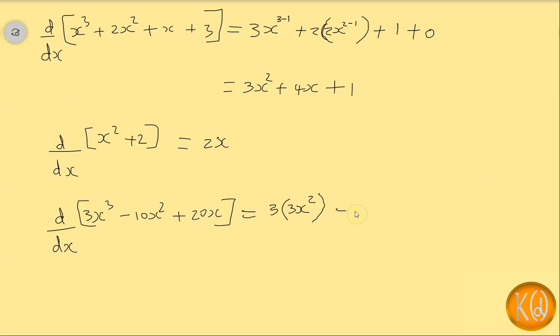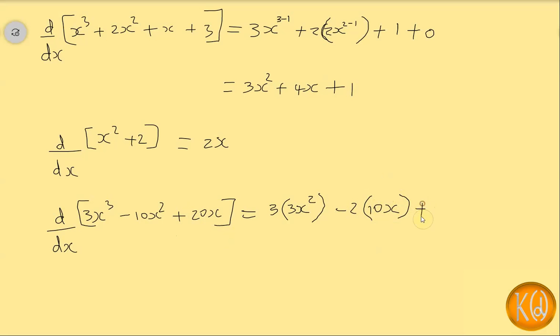Now we have minus 2, we're going to multiply by the 2 in the power, put back our 10 on x. Now we reduce the power on the x by 1, so 2 minus 1, that's just 1. x to the 1 power is just x, so we don't have to put the 1 in that power.